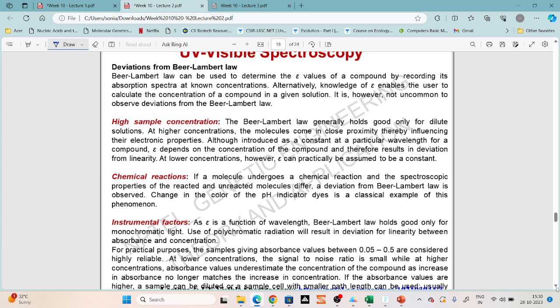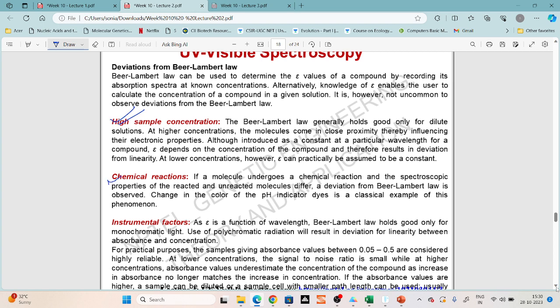Because at higher concentrations, the molecules come in such close proximity that they start influencing each other. That means they are so close to each other that one molecule starts affecting the electronic properties of the adjacent molecules. And therefore, in that case, the Beer-Lambert law does not hold true. So the Beer-Lambert law is not very good when the sample is of very high concentration.